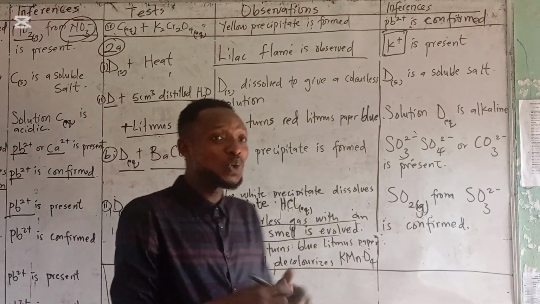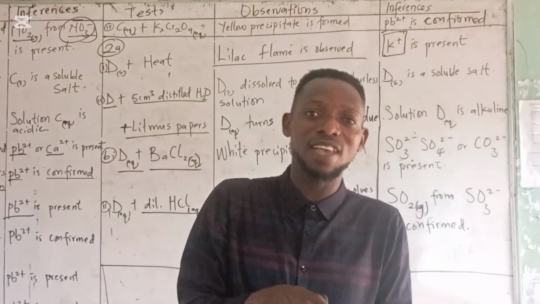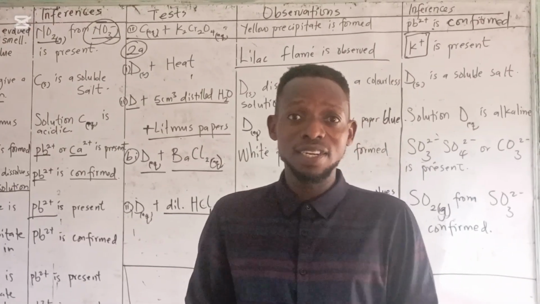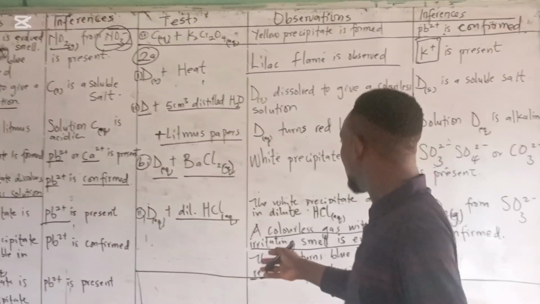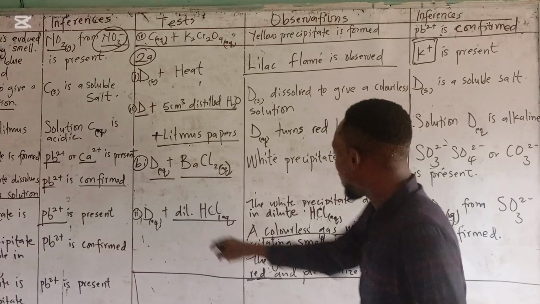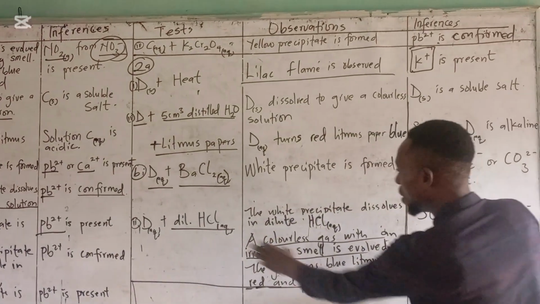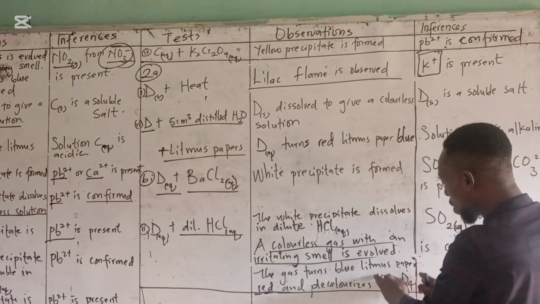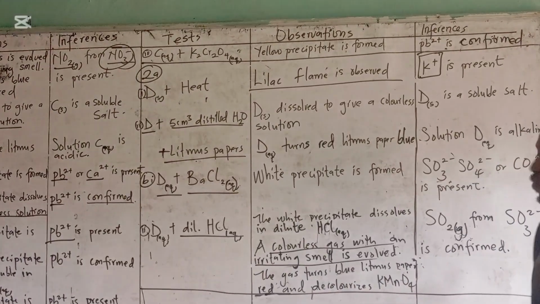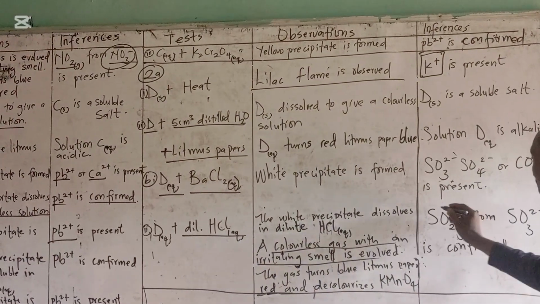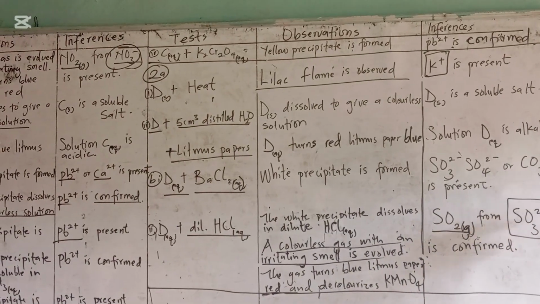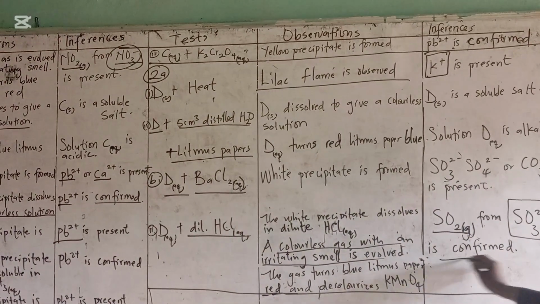Then when we use potassium permanganate to test this gas, it decolorizes the purple color of potassium permanganate. So the purple color of KMnO4 disappears and we have colorless solution. This shows that we have SO2 gas from SO3 2 minus, which is confirmed here.